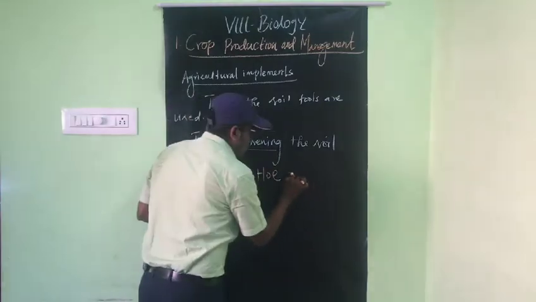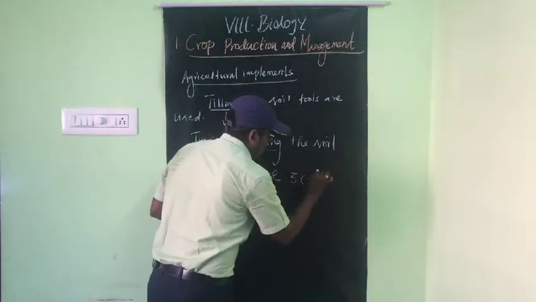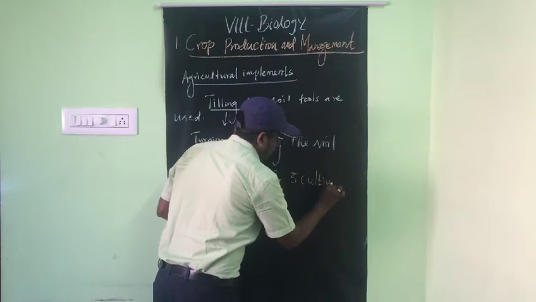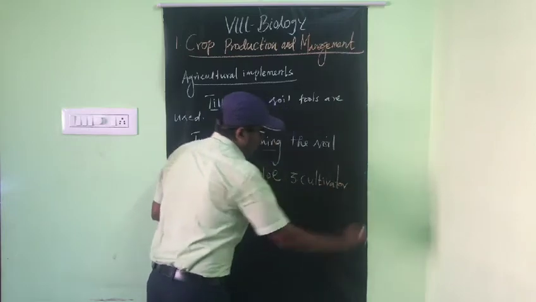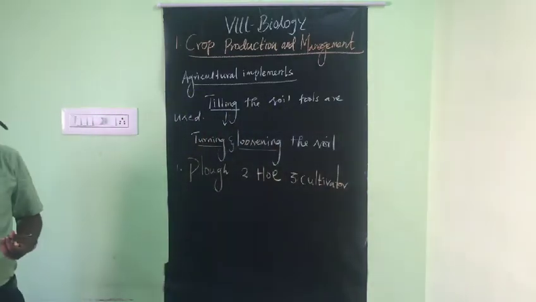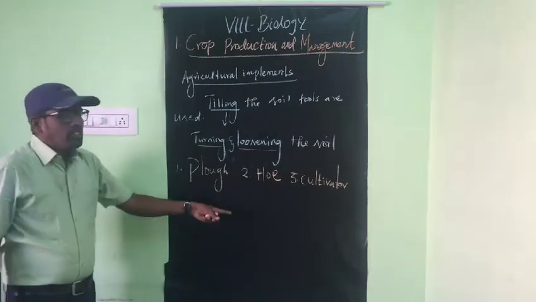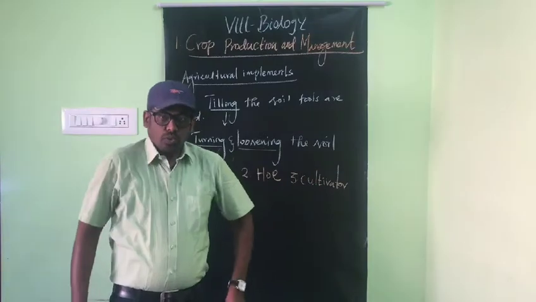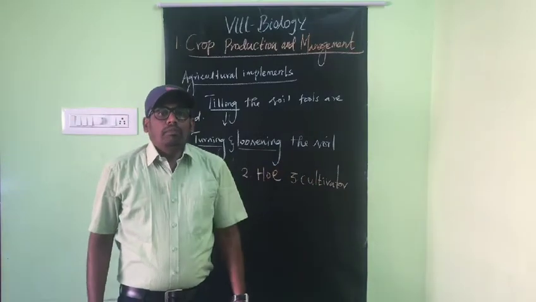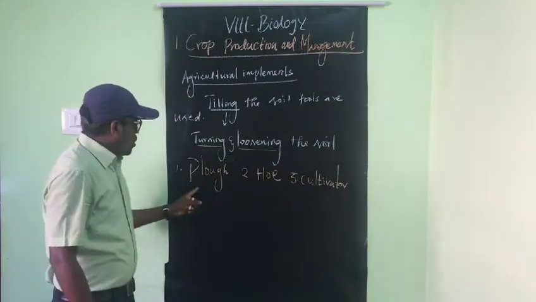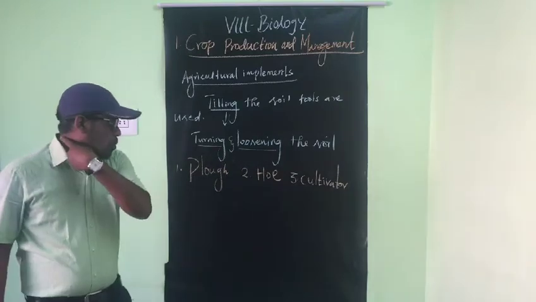And the third one is the cultivator. So these are the agriculture implements used under the preparation of the soil. Now one by one we are going to discuss.